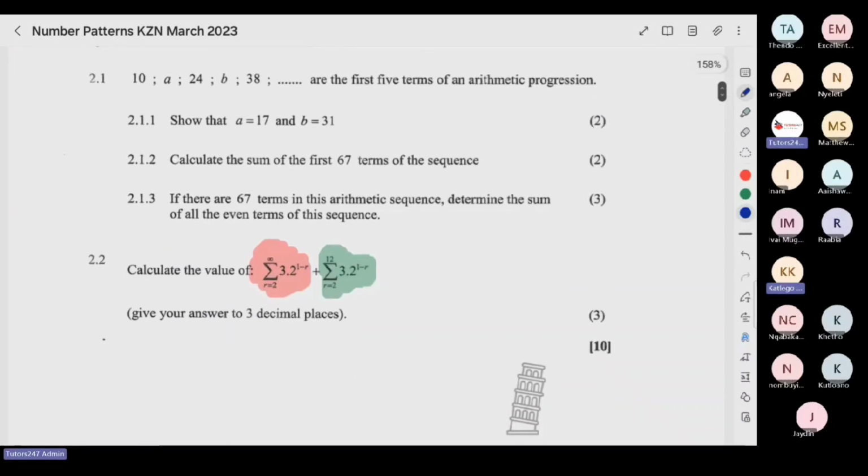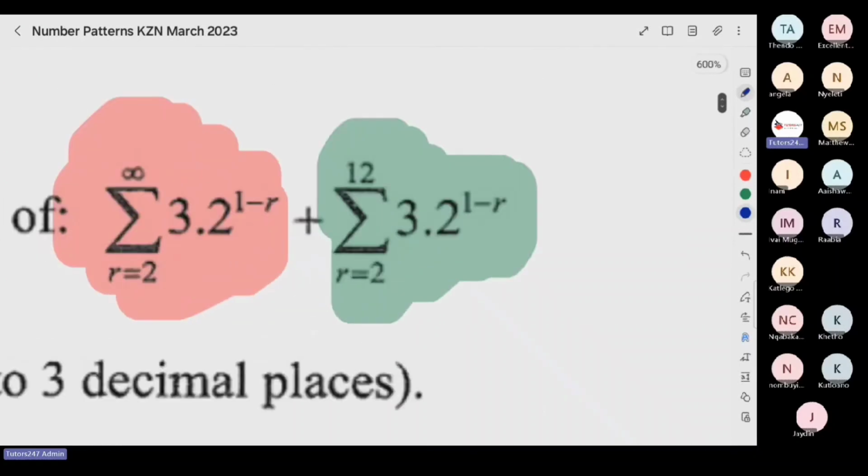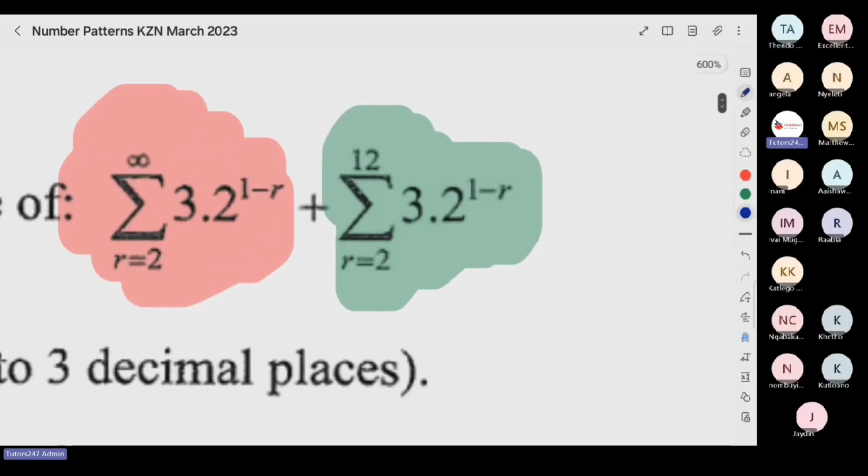So we have question 2.2, right? The green part. So if we focus on that green sigma, we've got 12 on top, means that 12 is the last value of R that we substitute. We've got 2 at the bottom, which means that 2 is the first value of R that we substitute. On a side note, what is my value of N for this? 11.